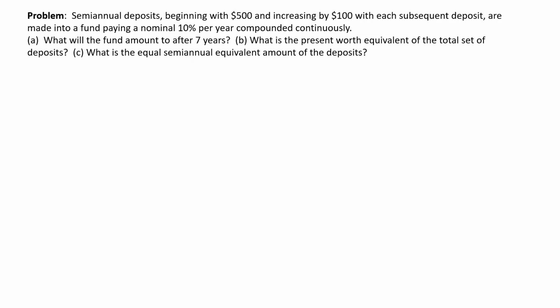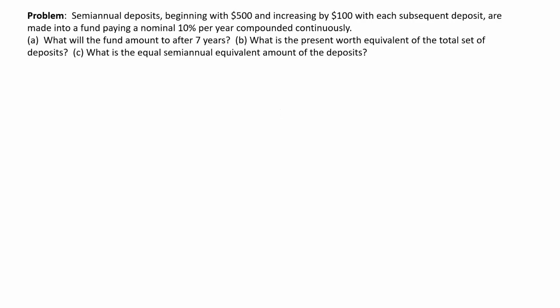Semi-annual deposits. You are depositing every 6 months, beginning with $500 and increasing by $100 with each subsequent deposit. So at 6 months, you deposited 500.